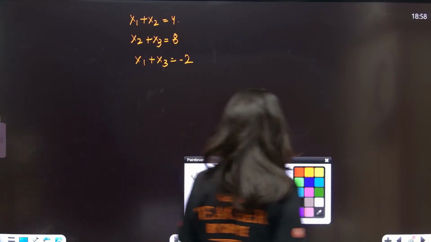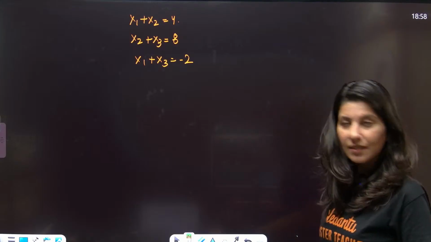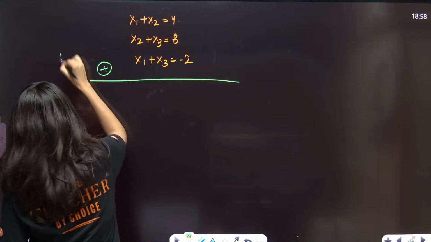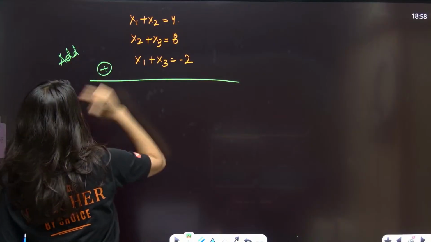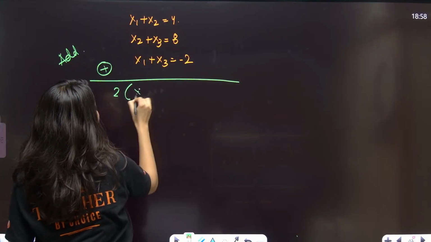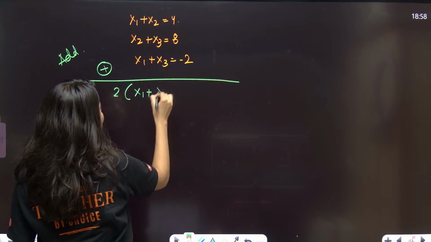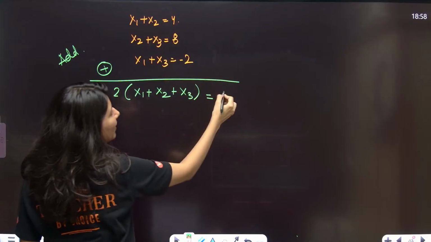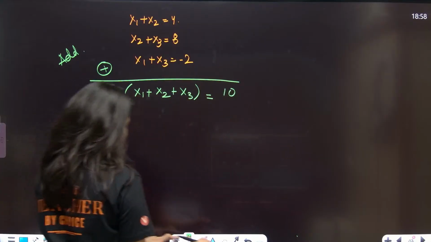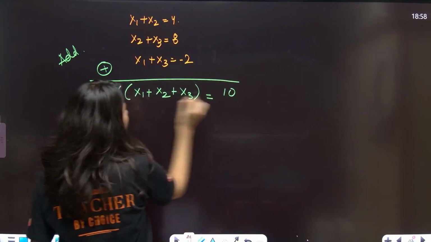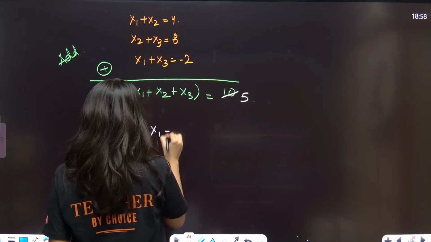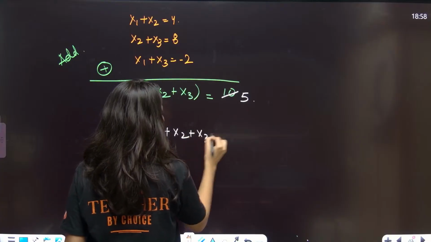Now what we are going to do is add all the three equations. So x1 plus x1 will be 2x1, x2 plus x2 will be 2x2, and then 2x3. This is 4 plus 8, 12. 12 minus 2 is 10. So x1 plus x2 plus x3 is nothing but 5.